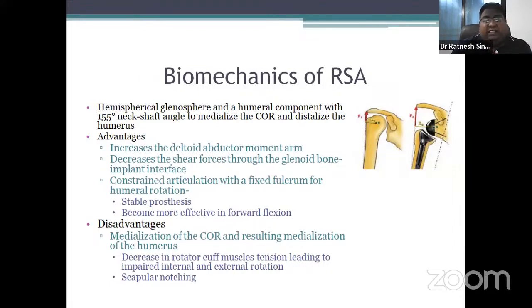So if it is decreased, there is impaired internal and external rotation. And the second and most important thing is scapular notching. Scapular notching, due to medialization of the humeral component, leads to poly wear, and that leads to osteolysis, and also can lead to stress fracture of the glenoid.